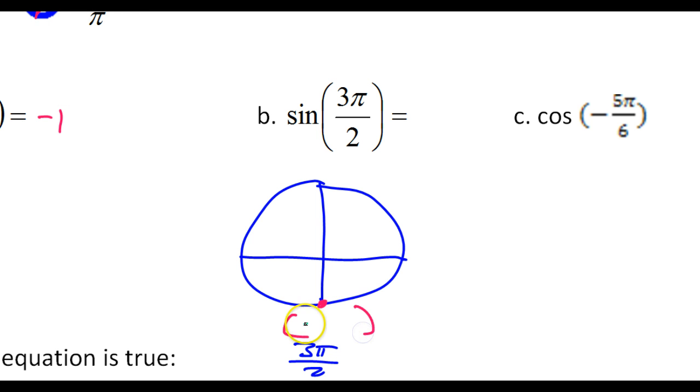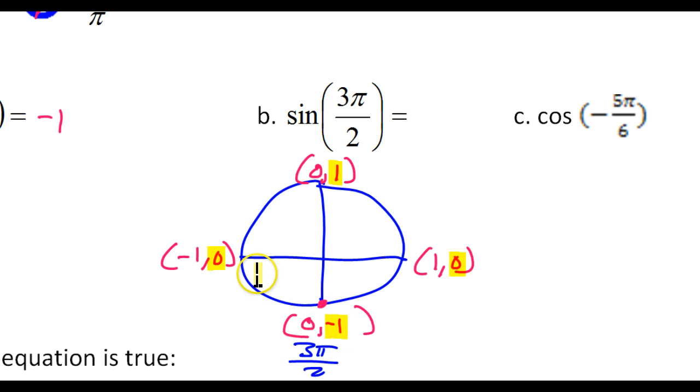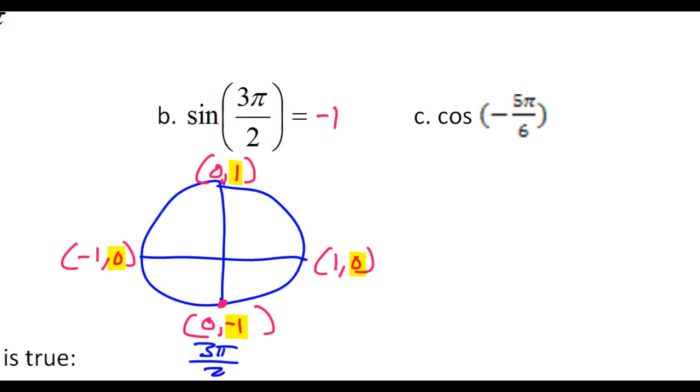And again, the coordinates are 0, -1. Now the sine function on the unit circle is a y value. So this is a sine value, this is a sine value, this is a sine value, and this is a sine value. But for this particular problem, we wanted the sine value at 3 pi over 2. So that is -1. Easy peasy lemon squeezy.